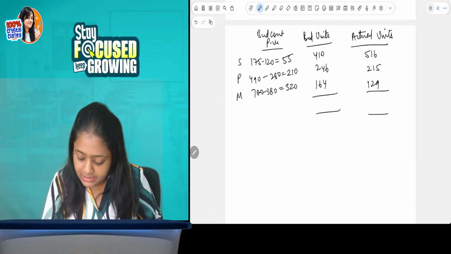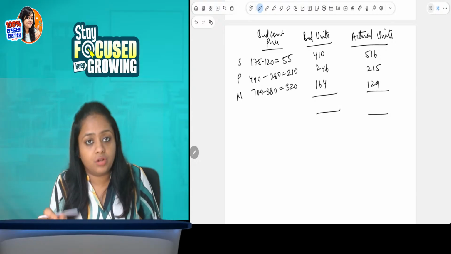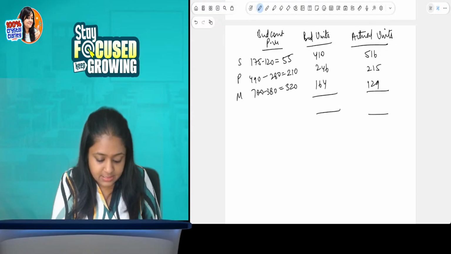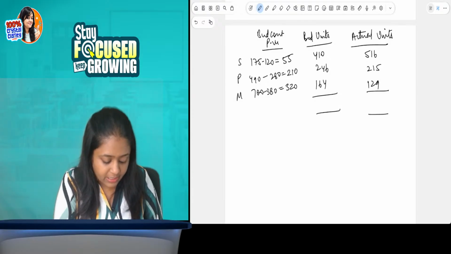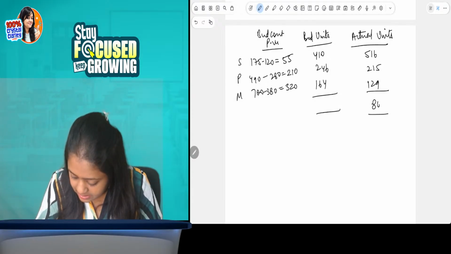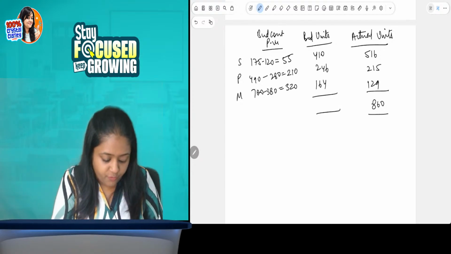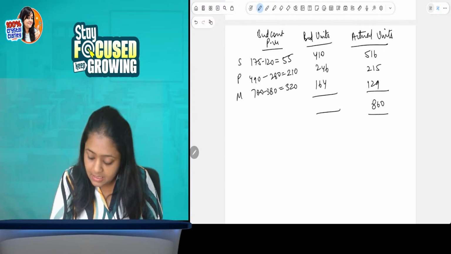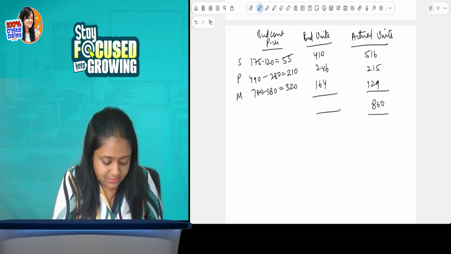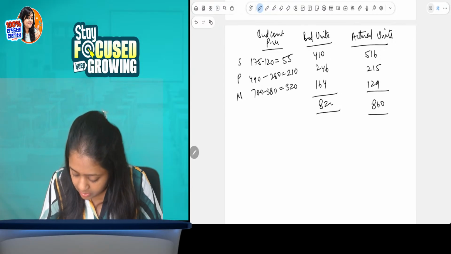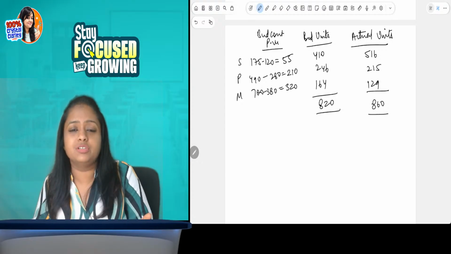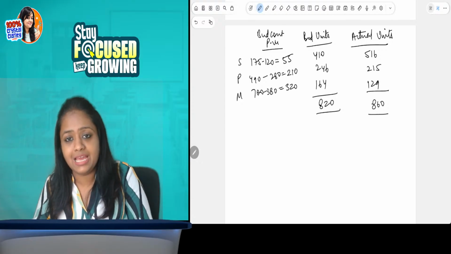Okay, we have got this. Now let's first get the total of actual units. 516 plus 215 plus 129, which is 860. And budgeted data is 410 plus 246 plus 164, which is 820. So budgeted is less. Now we have to just recalculate the budgeted units in the actual mix.